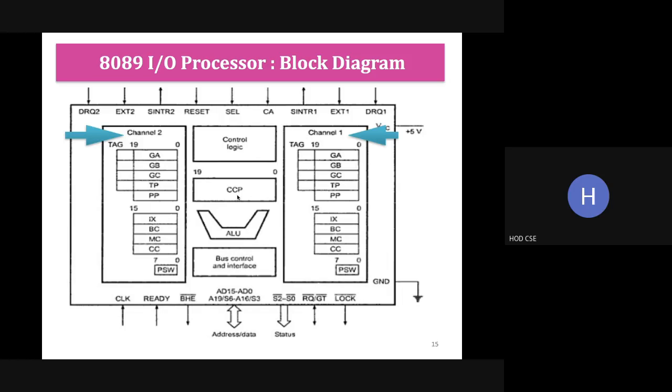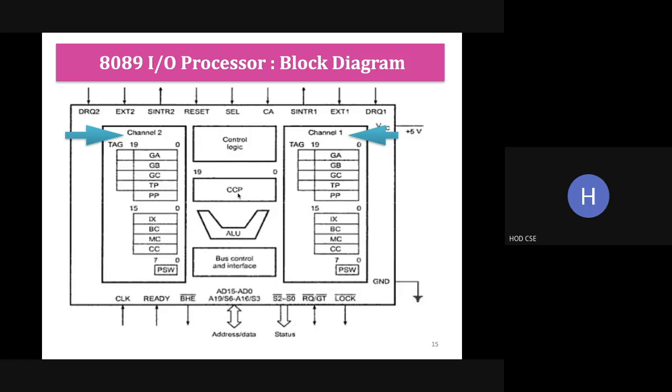As I said earlier, common to the 86 and 87, we will have a memory table. In this memory table, all the tasks will be stored. The CCP will contain the address of the memory table. The address is 20-bit, so this is also a 20-bit register. The address of the memory table will be available in the CCP.